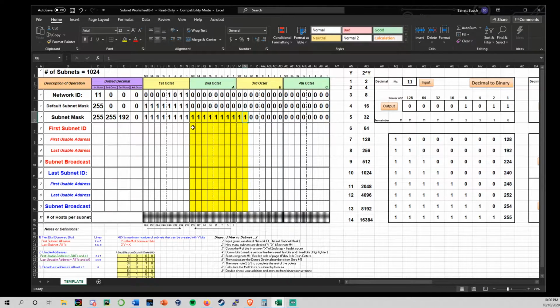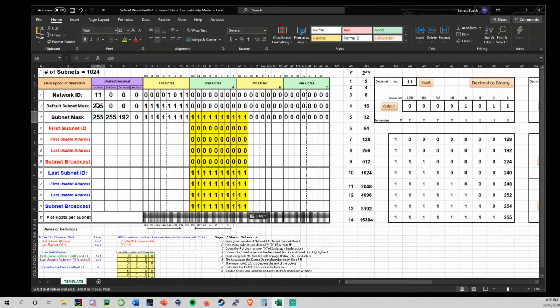All right, the next step, we know the first subnet, these are all going to be 0 within the subnet range. So I'm going to go ahead and copy and paste. The last subnet ID, these are all going to be 1. Go ahead and copy and paste.